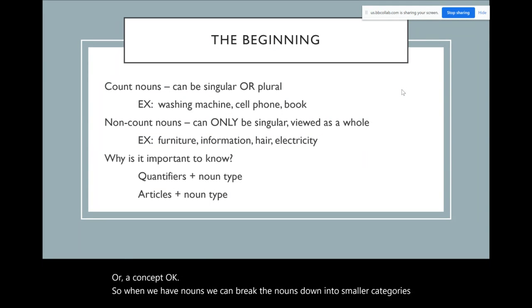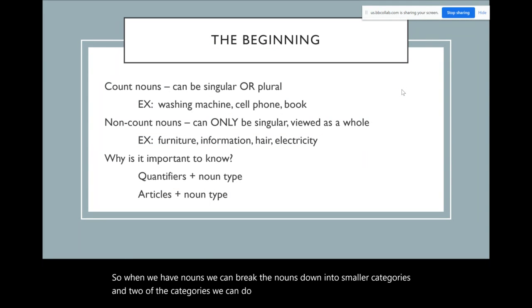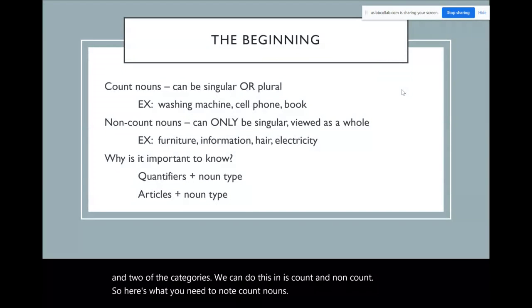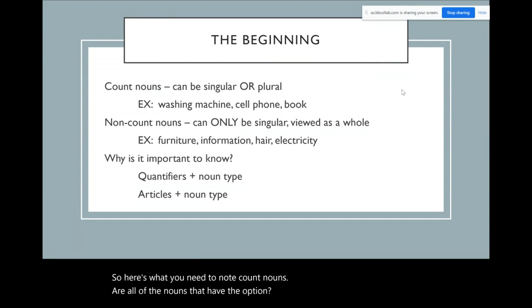When we have nouns, we can break them down into smaller categories, and two of those categories are count and non-count. Count nouns are all of the nouns that have the option of being singular or plural.